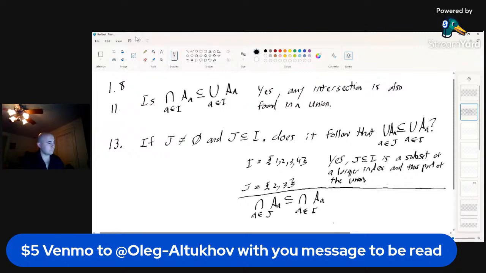Well, I need to find an example where there is no intersection in different sets. If there's an intersection, then it would carry across, yeah? J is not empty, and J is a member of index I.